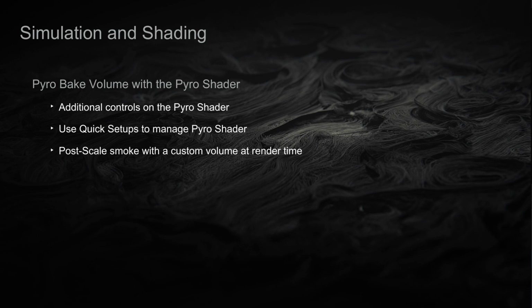The Pyro Bake volume automatically comes with a Pyro Shader inside of it, and this Pyro Shader references all the parameters on the Pyro Bake volume node, trying to make sure that the look you get in the viewport matches the render look as closely as possible.